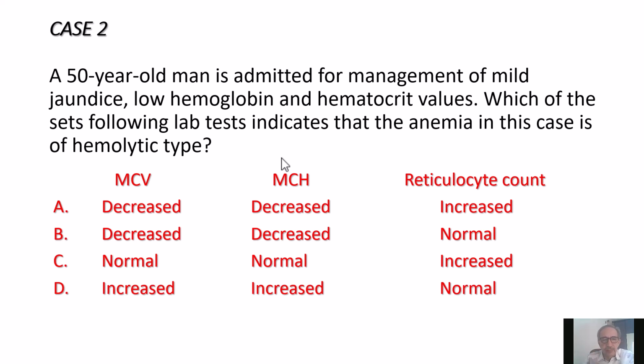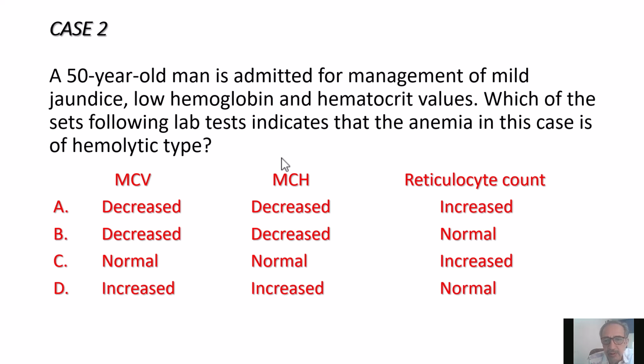Hemolytic type is characterized by the normocytic normochromic picture. Unless the blood loss is very chronic, there will be reduced indices. Otherwise, the reticulocyte count will usually be raised. So let us see which one. MCV decreased, increased?